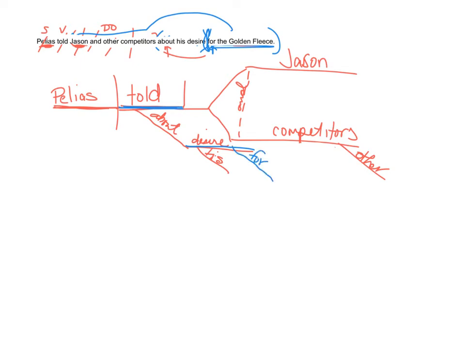For. Now, we've got to talk about the object of this preposition here. You have two choices. You can either say the golden fleece is significantly different than just fleece, which is sheepskin. So the golden fleece is one unique item, and we're looking for the golden fleece. And that would be just fine. In that case, what you're saying is this is a compound noun, that those words are working together.